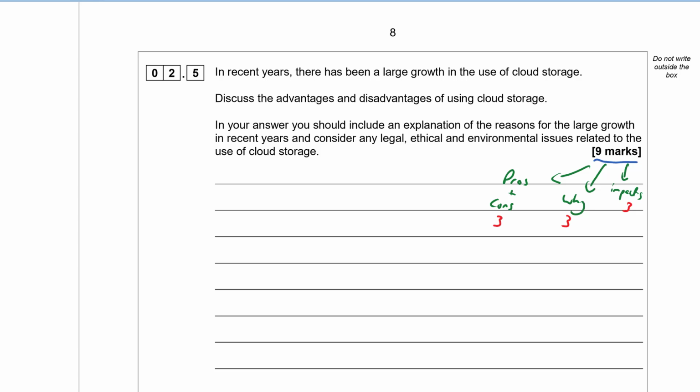I reckon it might make most sense to start with why cloud storage has really picked up, then go to maybe individual pros and cons for individual people, then go on to the impacts. That would be, I would say, quite a rational way to approach this question. And that's what the examiner's looking for. They're looking for your answer to be fairly well reasoned and to connect up quite nicely.